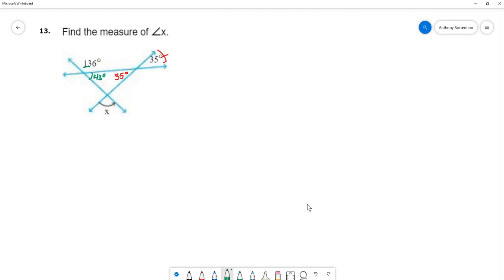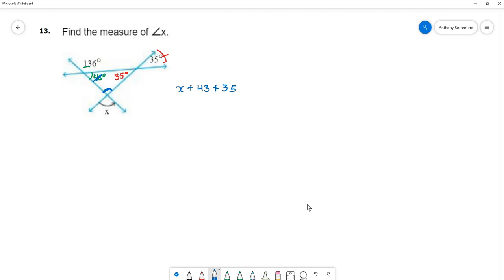Now, whatever this angle is over here is the same as x. And I do know from the rules that we reviewed that one of the rules is that the three angles of a triangle need to add up to 180 degrees. So I do know that x plus 43 plus 35, 43, that's not right.